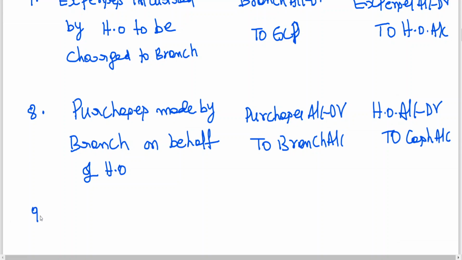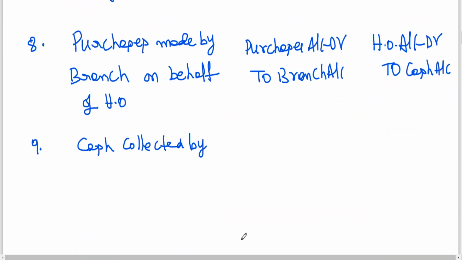Ninth one. Collected by branch on behalf of head office.